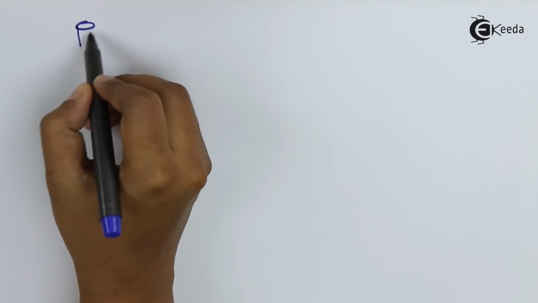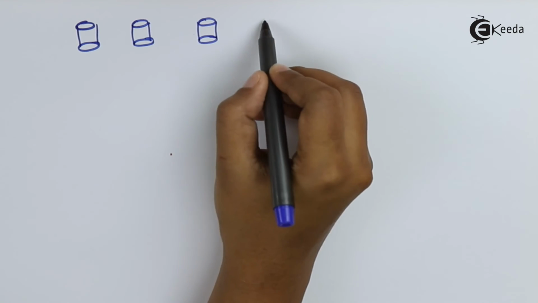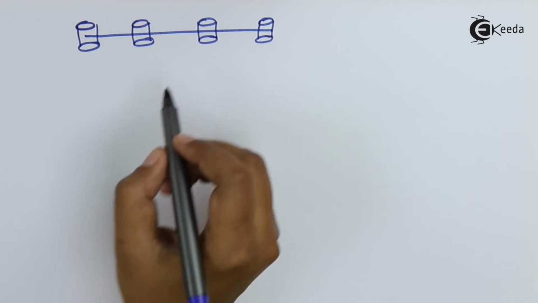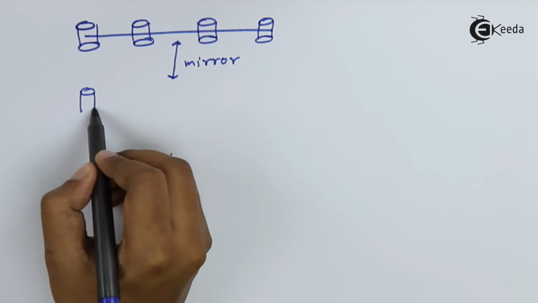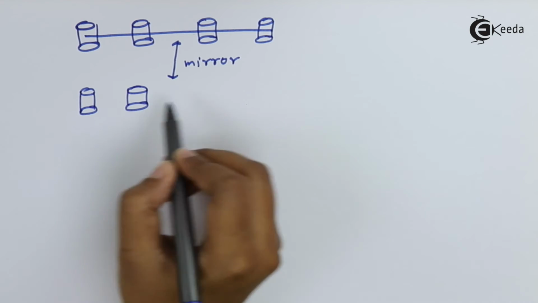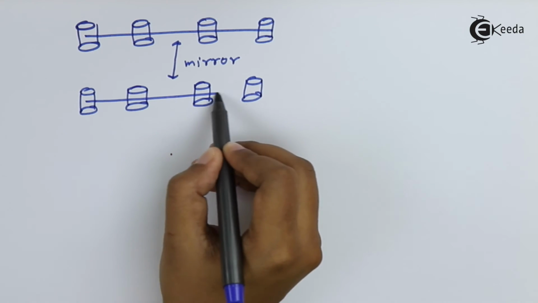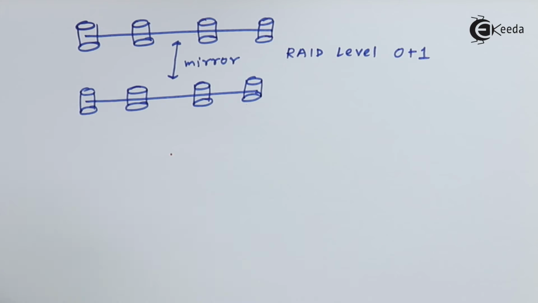So first we will see how RAID level 0 plus 1 is constructed.